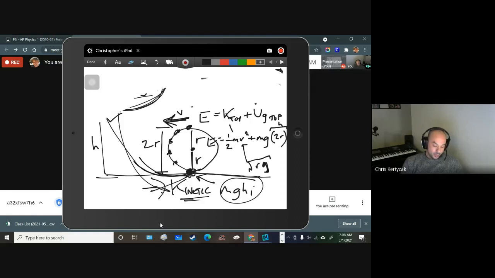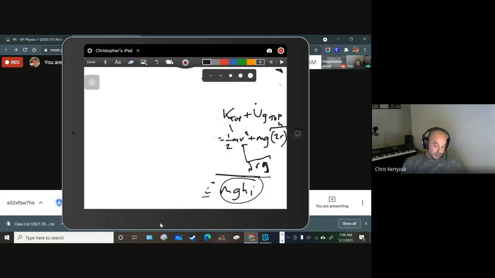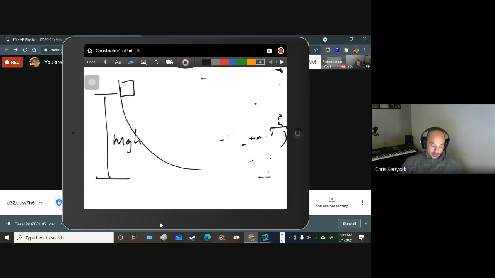Let me lastly make one little quick comment about this. Technically in this problem they could fold in two topics. They could say it starts up here, and now we're talking potential energy mgh. Just pointing this out, and then they can fold in energy and circular motion all into the same problem.